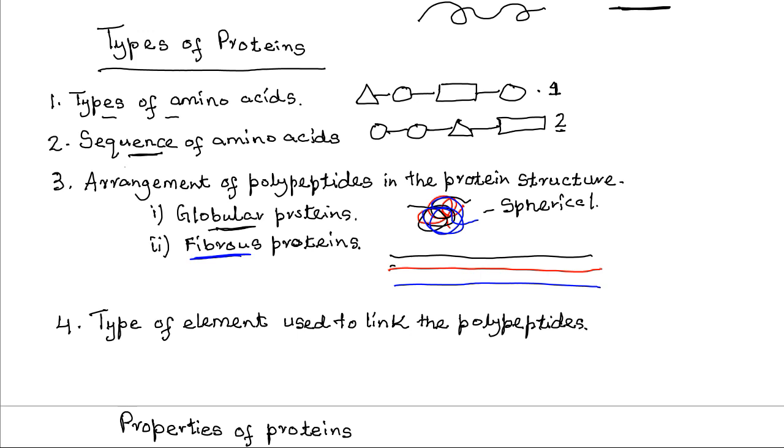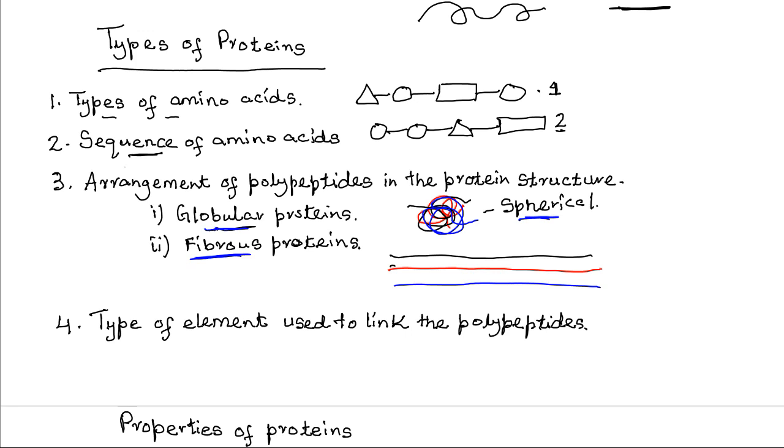So as opposed to the globular proteins, in which the chains coil to form roughly spherical structures, in fibrous proteins the chains run parallel to one another.